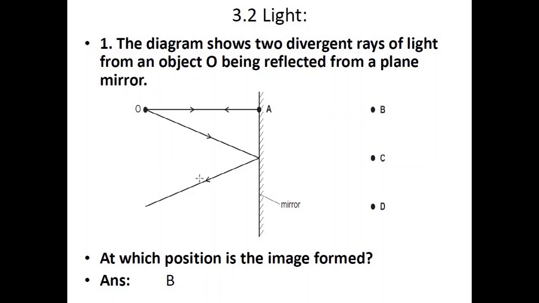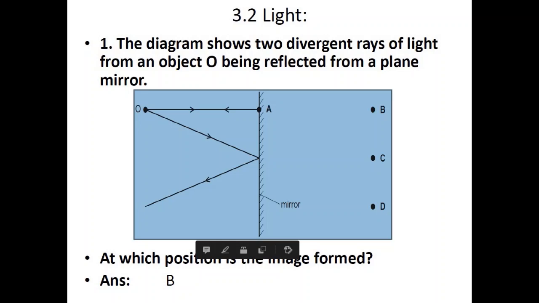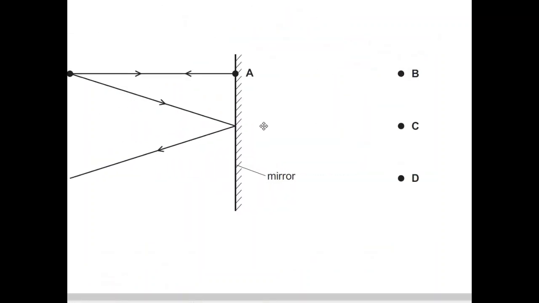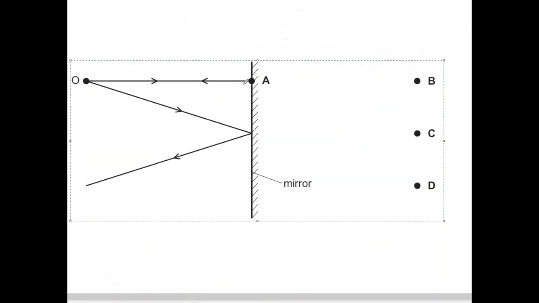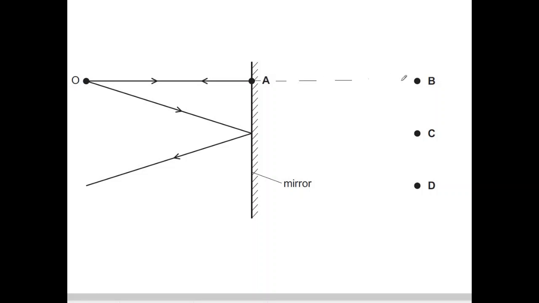This line is curved, so when we virtually extend it, it will go and meet at B. I'll simply draw it for you. See, this is a straight line, so its virtual ray or virtual line will also go straight.